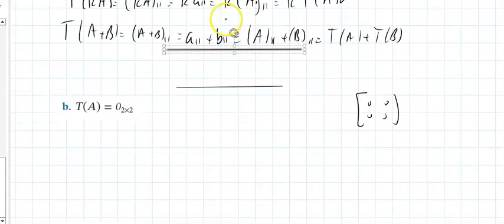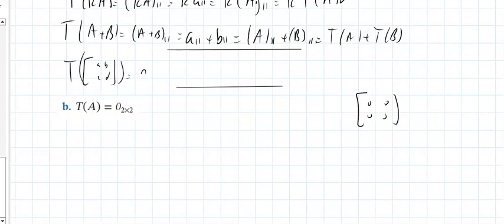Well, all you have to do is take the transformation on A, B, C, D, and that's going to be a. Set that equal to 0, so just a sub 1,1 equals 0. Every time you apply this transformation, it's going to map everything to 0. And that's all there is to it.